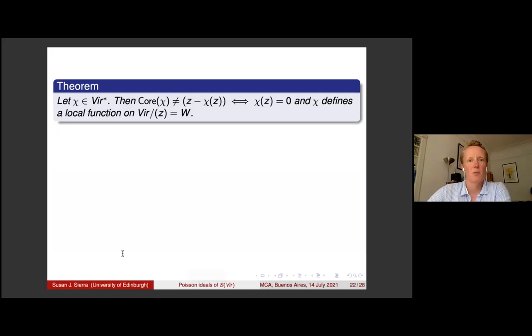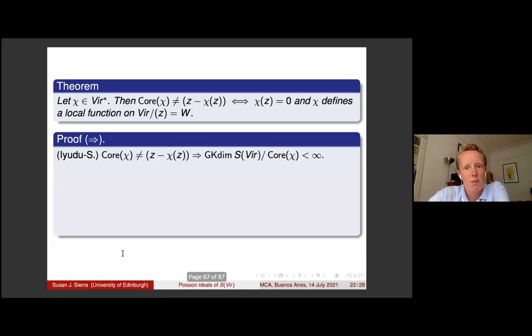Finally, let's do something with Poisson ideals. A function on Virasoro with a non-trivial Poisson core, which means here not equal to Z minus chi of Z, has to vanish on Z and therefore gives a local function on Virasoro mod Z, which is the Witt algebra. How do we see this? Well, the Ayudu-Sierra theorem says if the core is non-trivial, I've got polynomial growth when I factor it out.